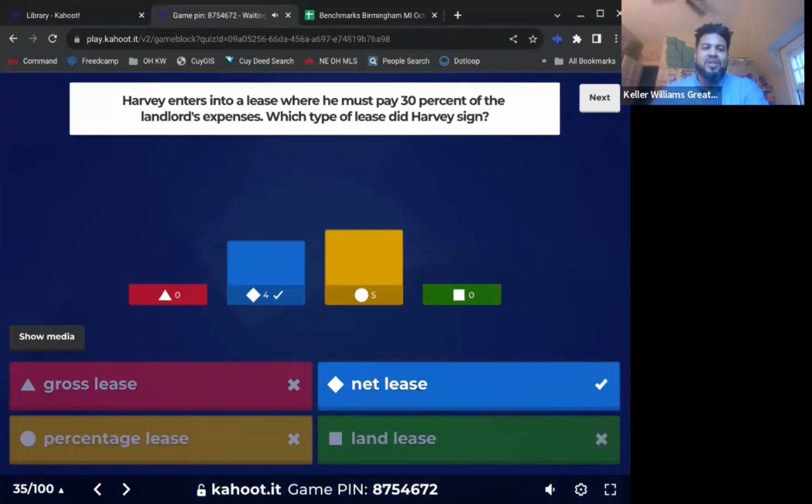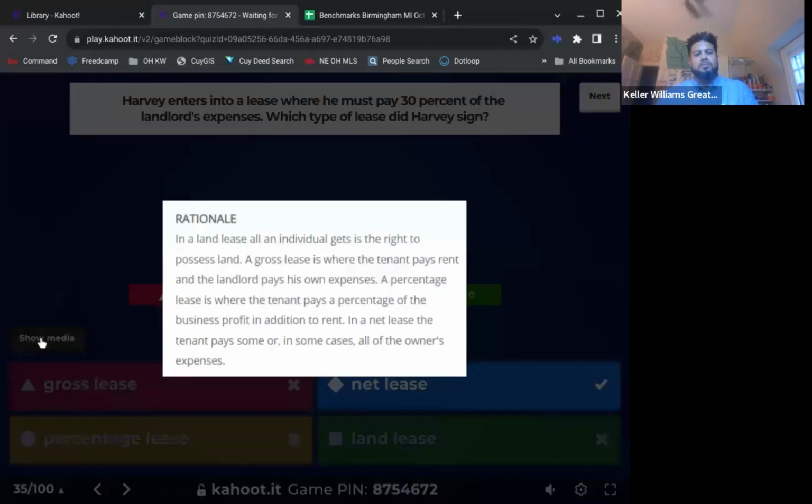That percentage word got a bunch of you. So, yeah, a net lease. Because remember, when you talk about net lease versus percentage lease, percentage is part of the owner's profit or the business's profit, whereas a net is where you pay part of the owner or the landlord's bills.